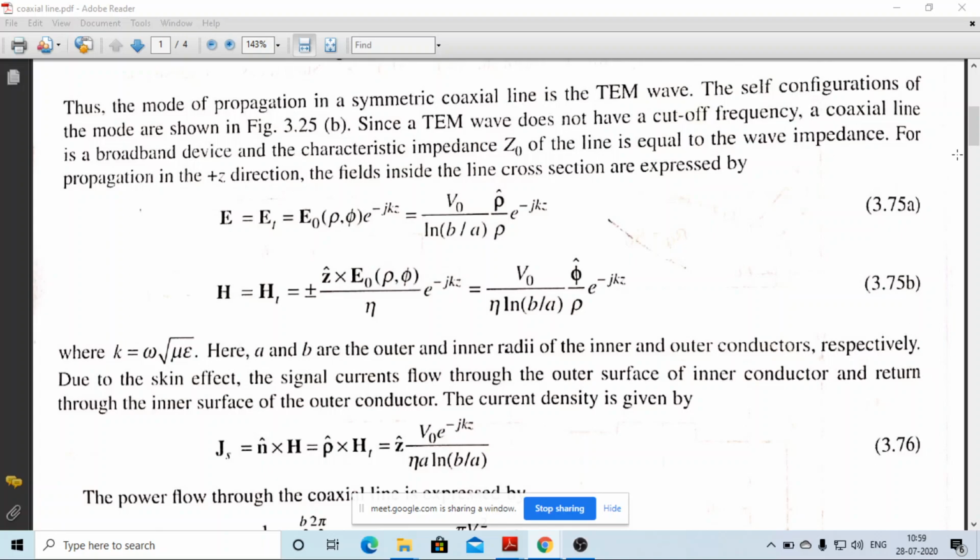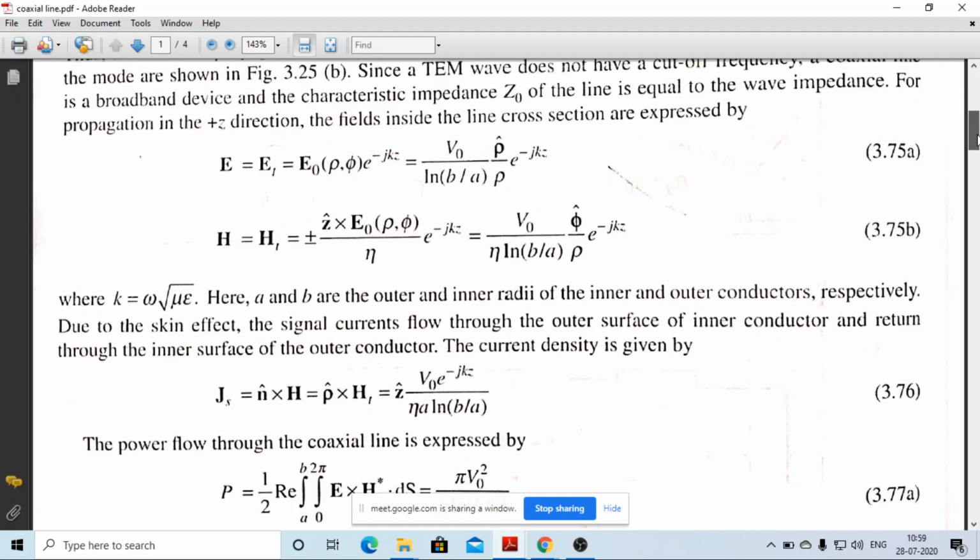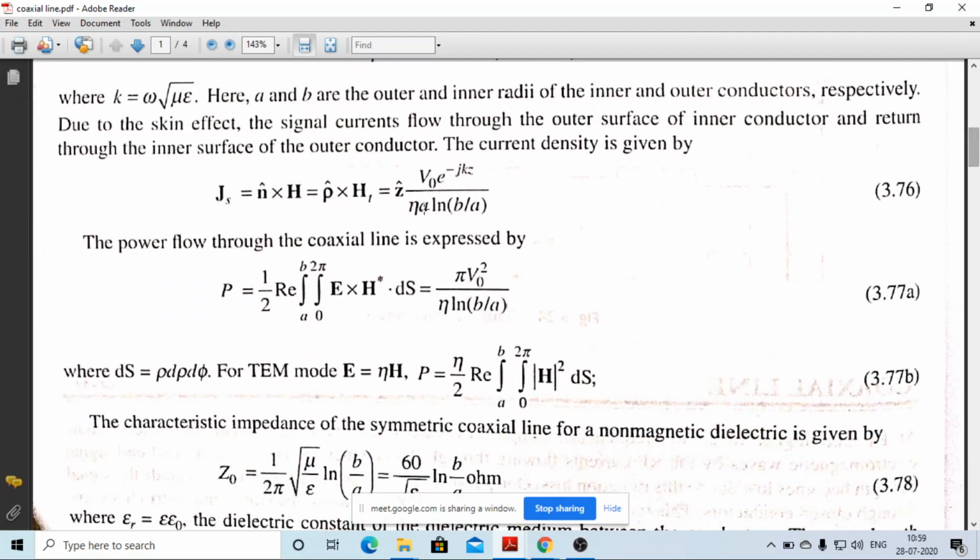Only thing is that sometimes they may ask, this is your E field, H field, and then your current density defined in terms of the unit vector of the H field. Then there is a power formula, power is equal to 1 by 2 real part. This is all going to be derived in your EMW subject, but for microwave there is no requirement.